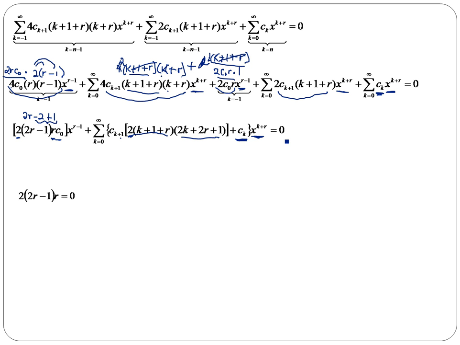Okay, now just like before, we set the coefficients equal to 0 and solved to get our general solution. Here, because I have terms outside of the summation, I know that this coefficient has to be equal to 0, and that's where I get this equation. 2 times 2r minus 1 times r times c0, and then this is just my x term.